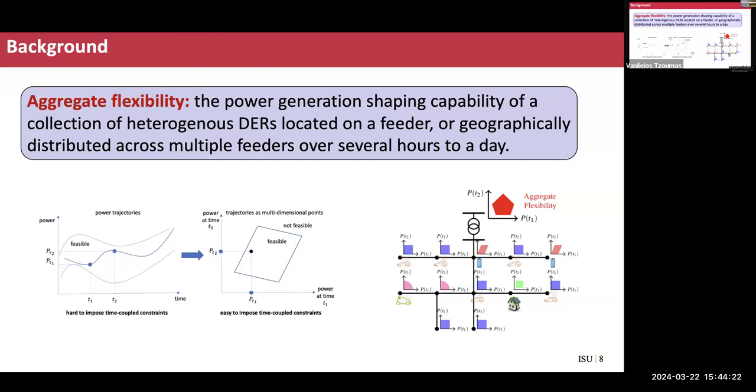What you're really trying to characterize is a multi-time period, time-coupled flexibility, where if you generate more, maybe you don't have that generation capability for the next time period. We're talking about, for instance, energy storage: if you deplete your battery in this time period, you can't discharge anymore in the next time period.